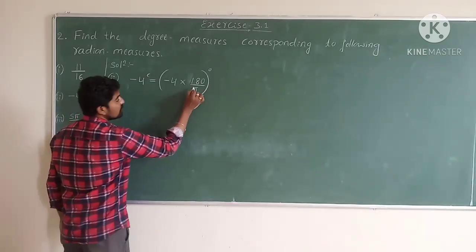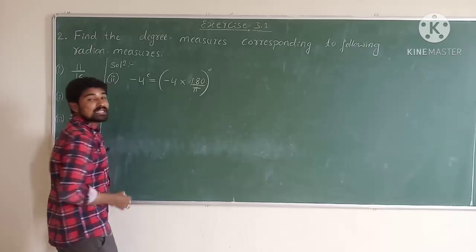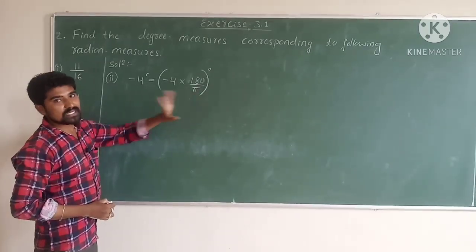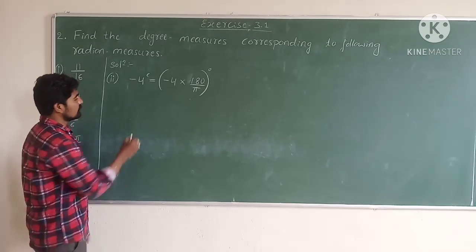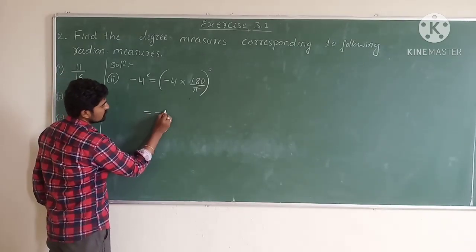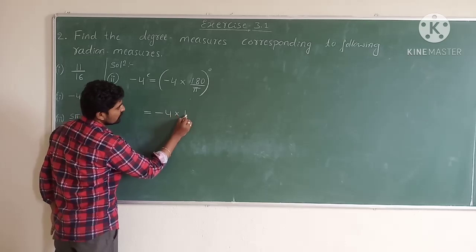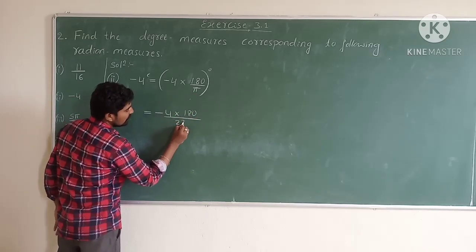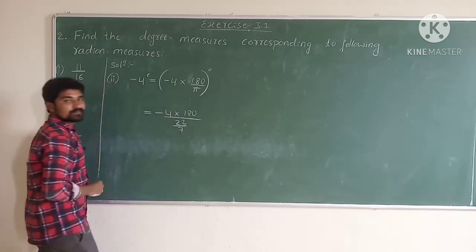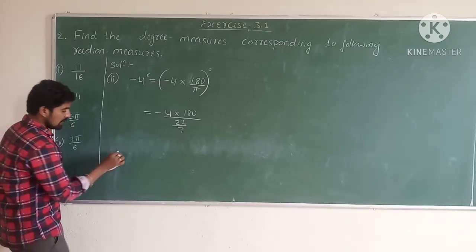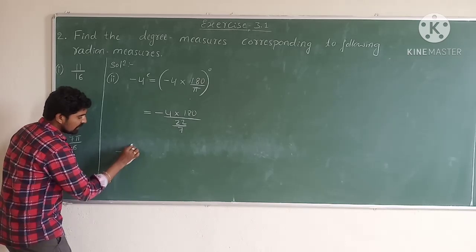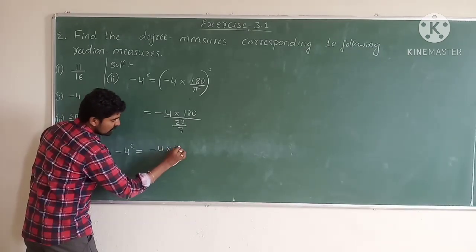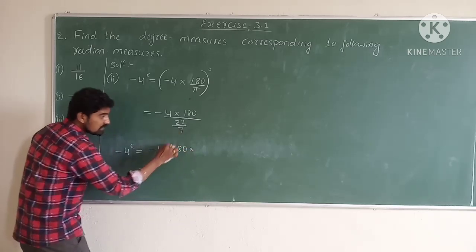When we are converting the radian measure to degree measure, we use the value of pi equal to 22 divided by 7. Therefore minus 4 into 180 divided by pi, that is 22 divided by 7.